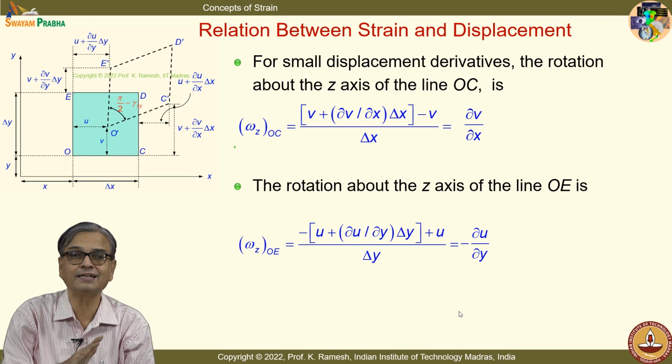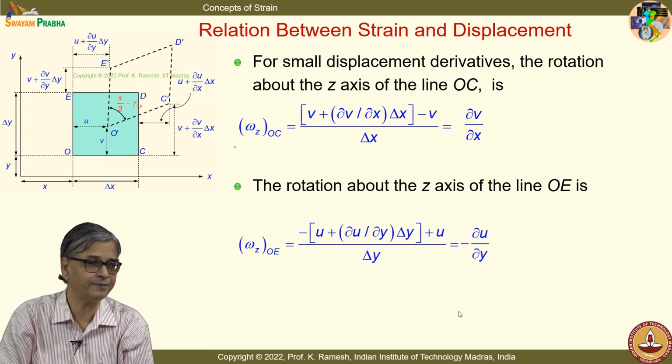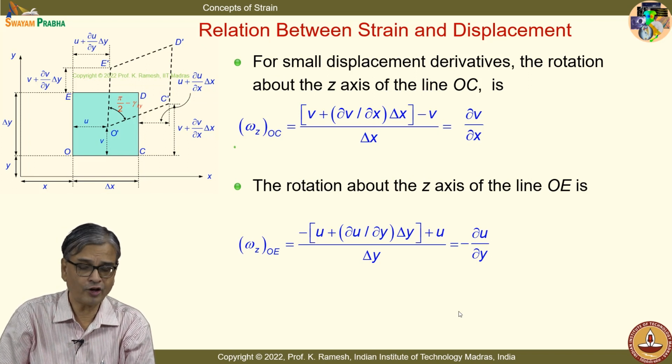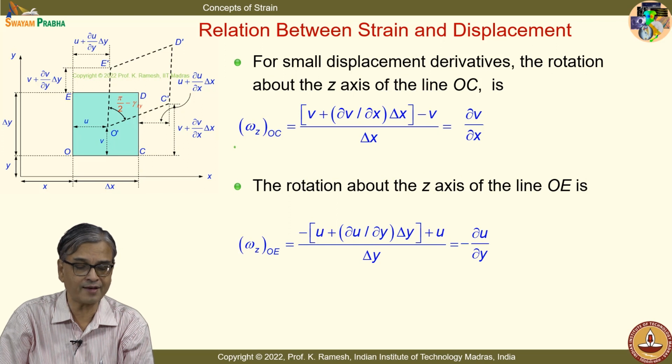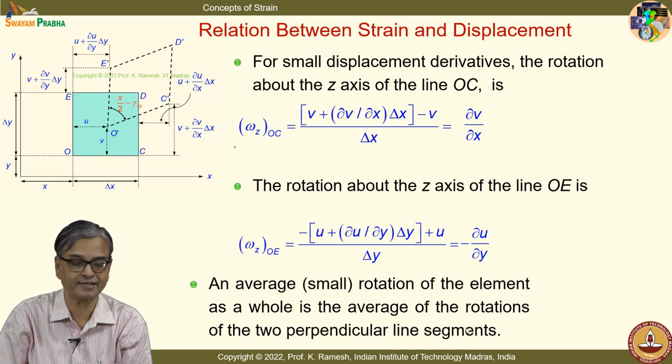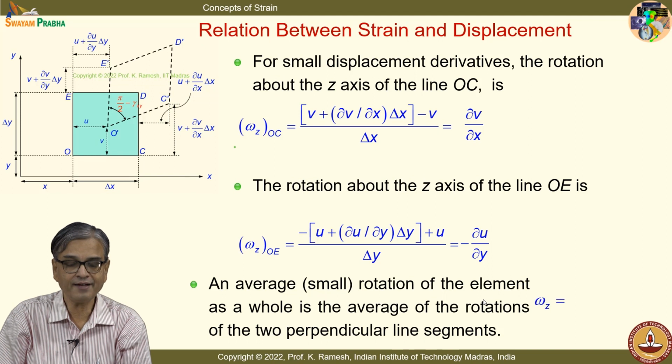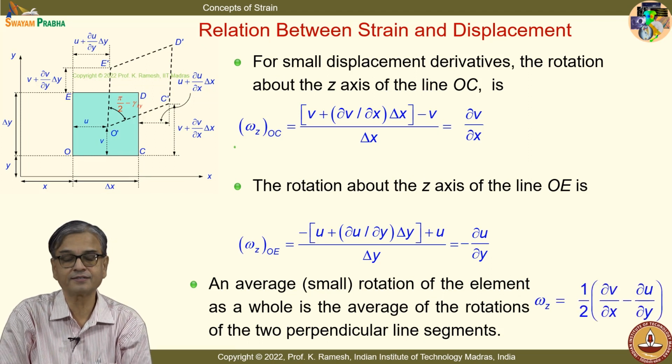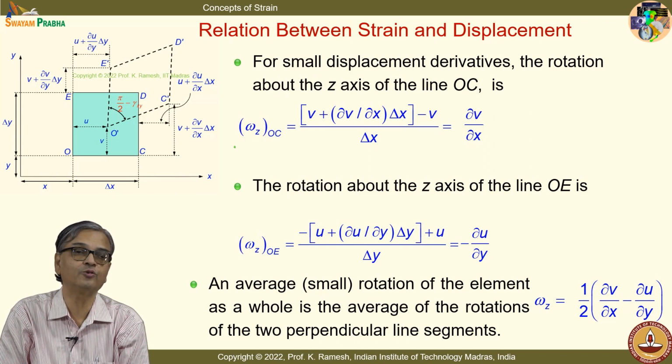You have to recognize that this has rotated in a clockwise direction, and for an element we take an average of this. Rotation of the element as a whole is the average of the rotations of the two perpendicular line segments. So I have omega z as half of dou v by dou x minus dou u by dou y.